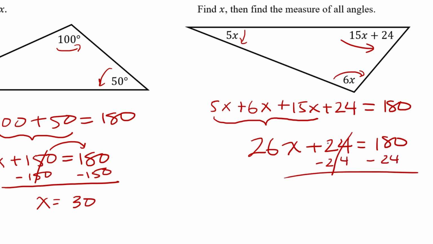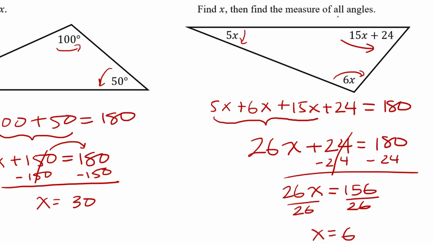This will cancel. What are we left with? We're left with 26x equals 180 minus 24, which is 156. Then if we divide both sides by 26, we're going to get an answer of x equals 6. Okay, and that's what x is.